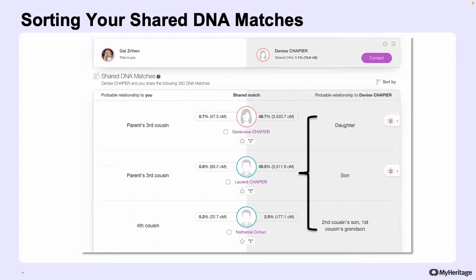When I look at DNA matches that I don't know how they are related to me, and I'm trying to find more answers, it's sometimes helpful to look at other matches that are related to them, a daughter, a son, a first cousin, which is kind of close, and see how they are related to me, to work with other known matches. So use this sorting tool when looking at unknown DNA matches, and it will help you to understand more about them using other people.